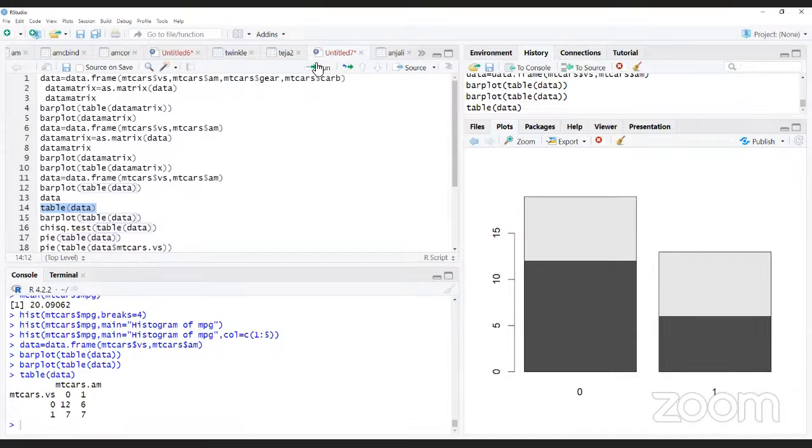One is the 12, another one is the 7. Another one is the 6 and 7. So two categories are revealed, AM and VS. Okay, and here you can find the majority of data lies on 0.